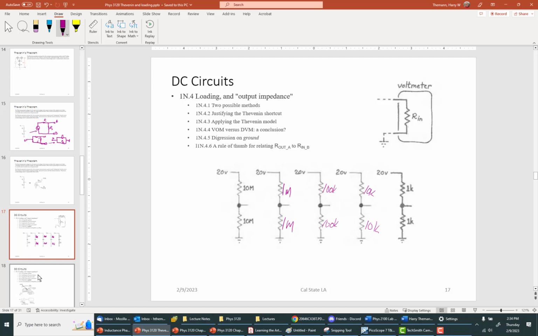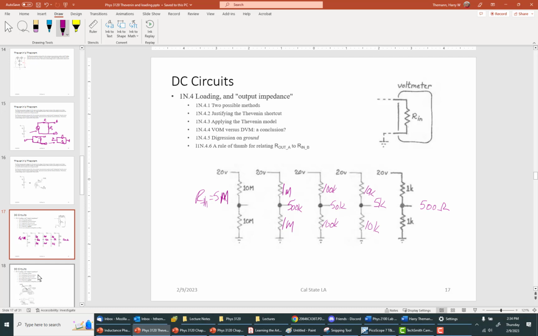And we did something like this in class when we used the digital and the analog voltmeter. So this one would have an R Thevenin equal to 5 meg, and then this is 500K, this is 50K, this is 5K, and this is 500 ohms.